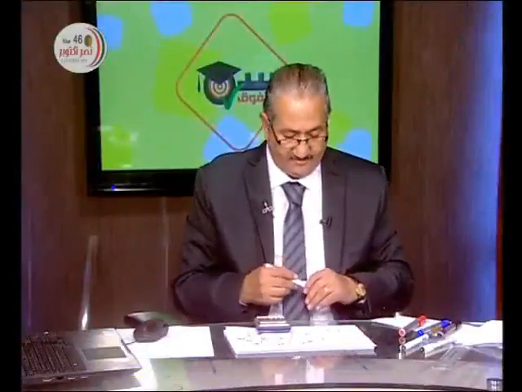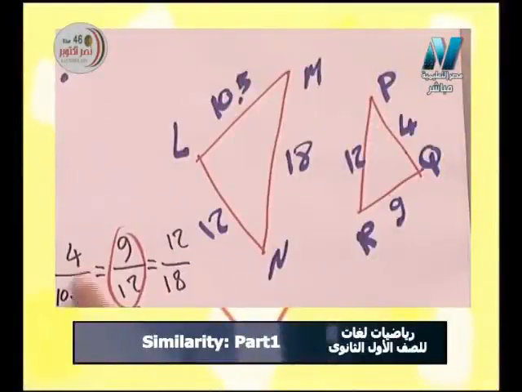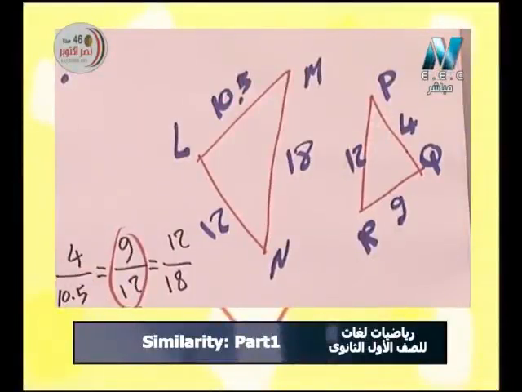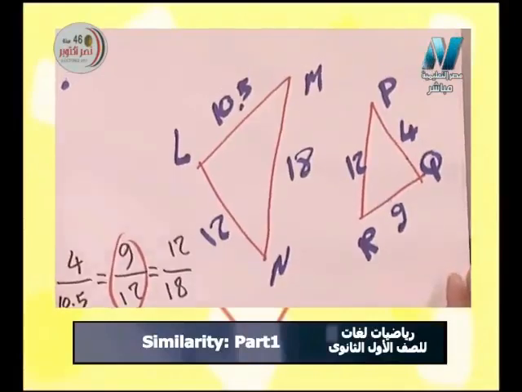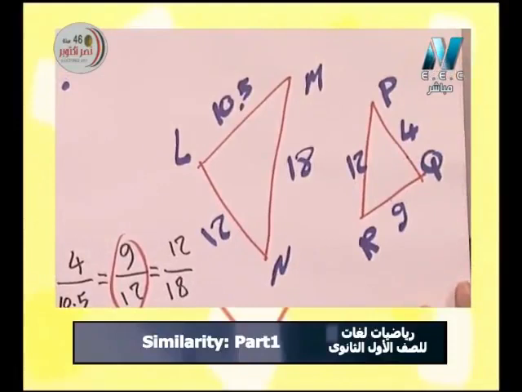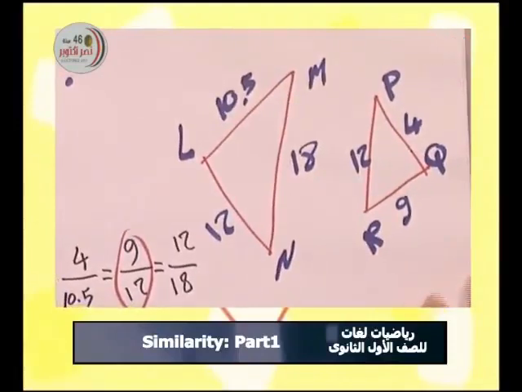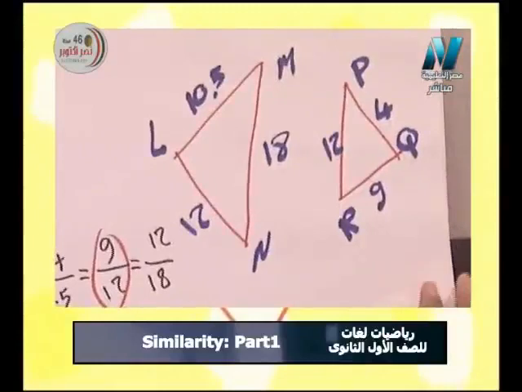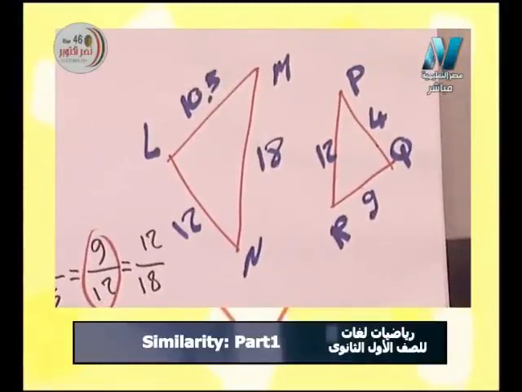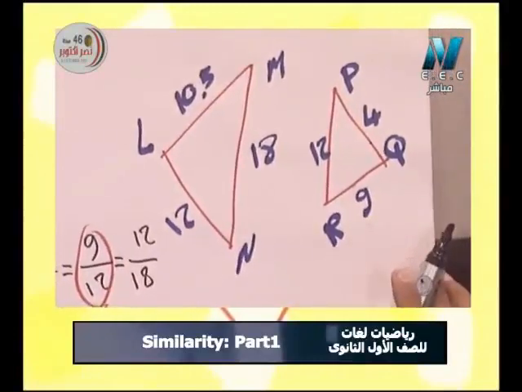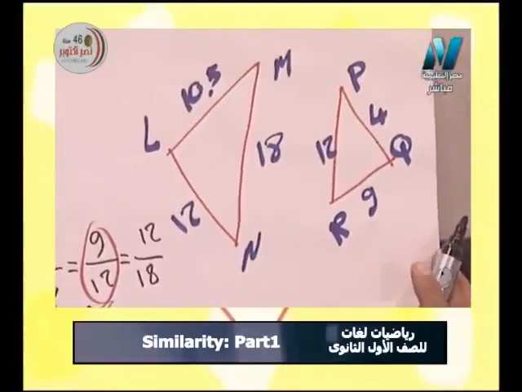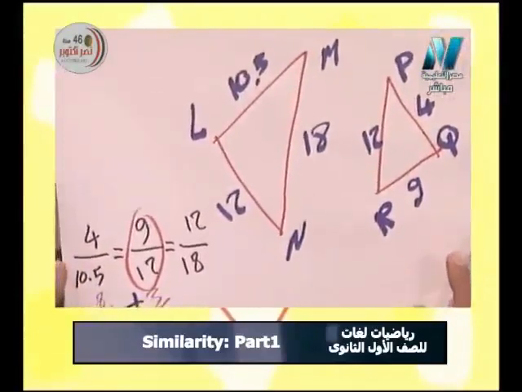We have found that 4 over 10.5 is equal to the ratio 8 over 21, and 9 over 12 is 3 over 4. Okay, this ratio doesn't equal the other.